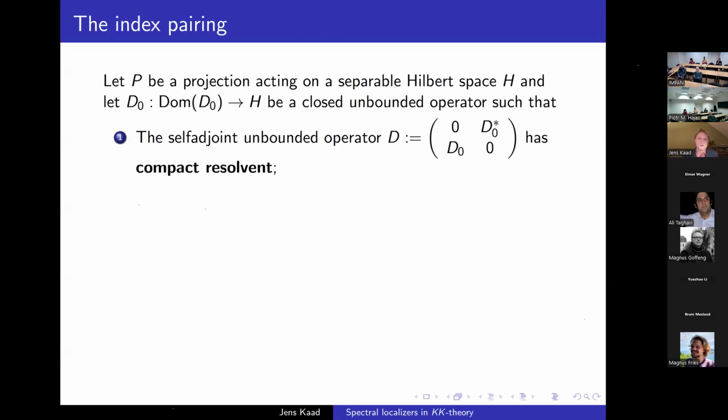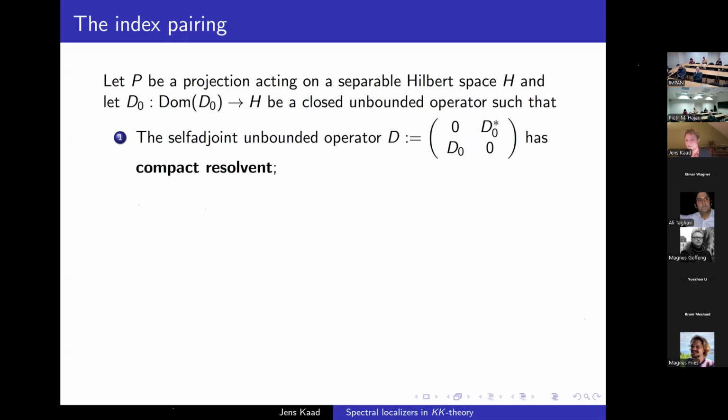First of all, you boost your closed unbounded operator so that it becomes a self-adjoint unbounded operator. The way you do that is to form this 2 times 2 matrix where you put D naught and its adjoint on the anti-diagonal.